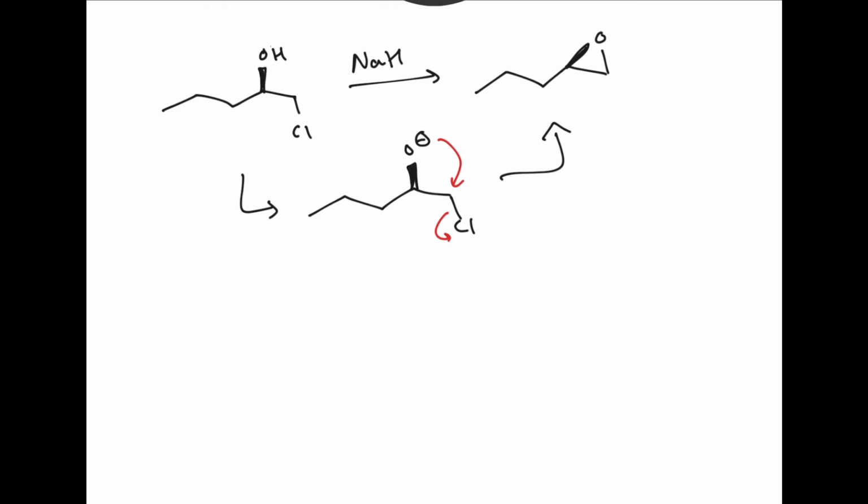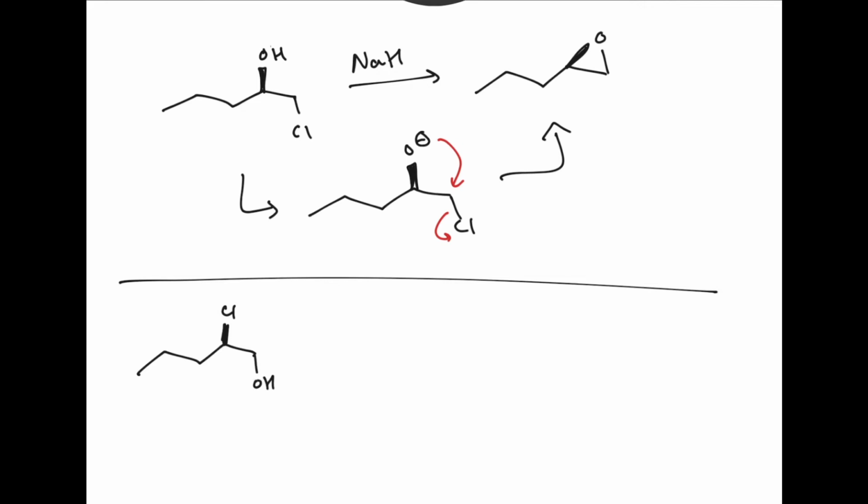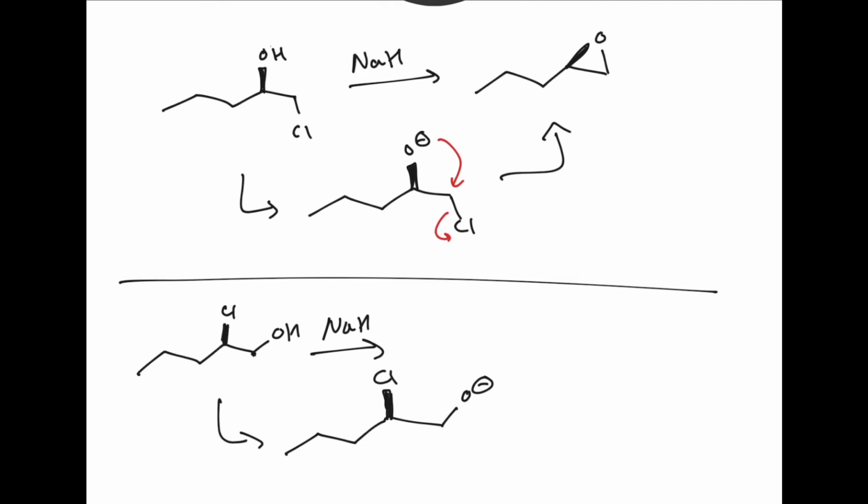Now, if I switch this around and have the halogen be the group that has the stereochemistry, I'll draw it like this, it'll look nicer. Add my sodium hydride. Now I make my O-. This is still an Sn2 reaction, right?